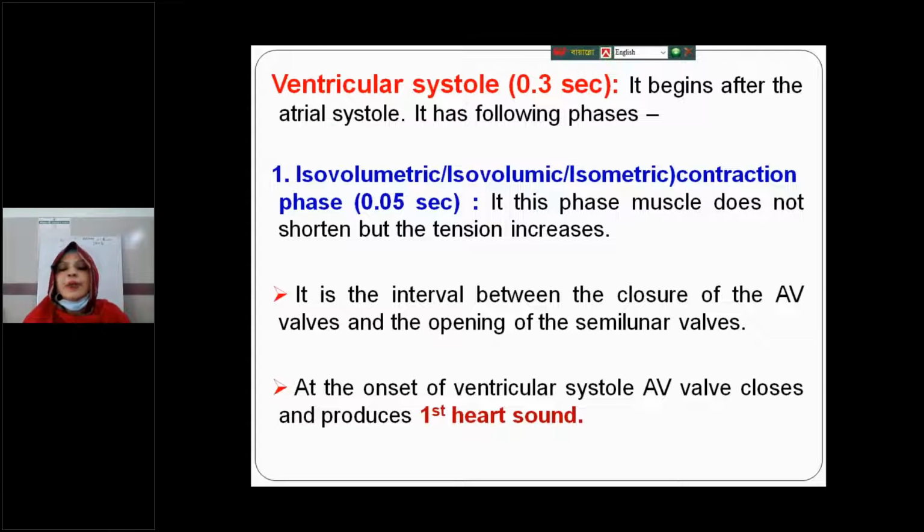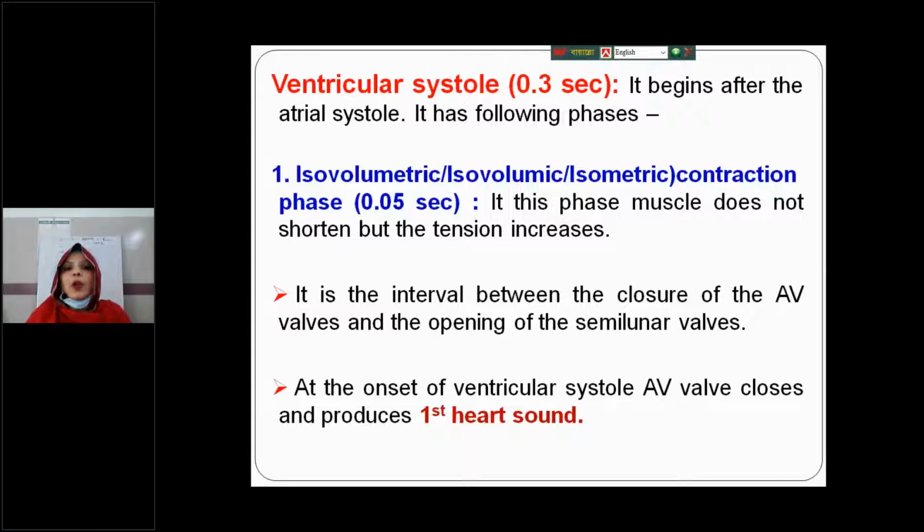See, at the onset of ventricular systole, whenever ventricular systole starts, sudden closure of the AV valve occurs here, that is, it produces the first heart sound. Here is a viva question: when does the first heart sound occur during the cardiac cycle?